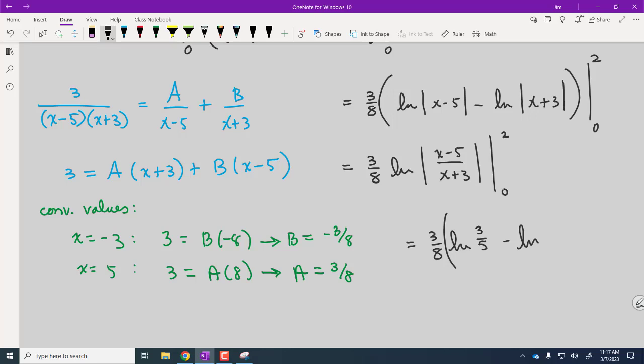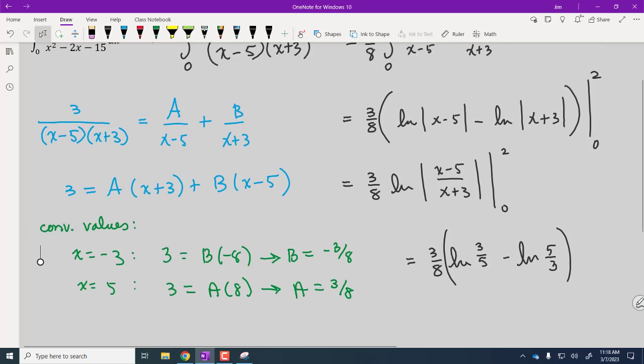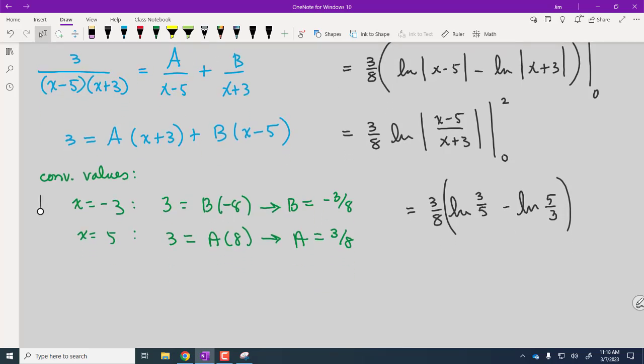And then when we plug in 0, we're going to have 5 over 3. Interesting. I'm disturbed because it's negative. What are we going to end up with then? Like 0. Right, 0. Does everybody see that?